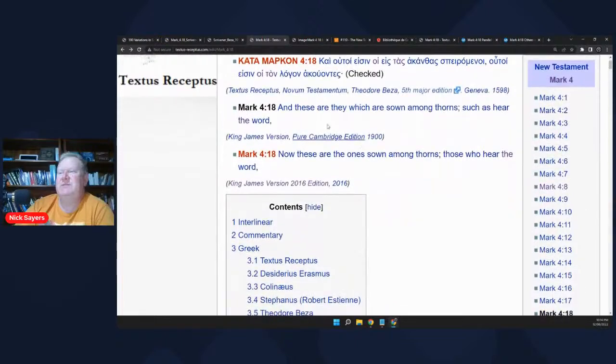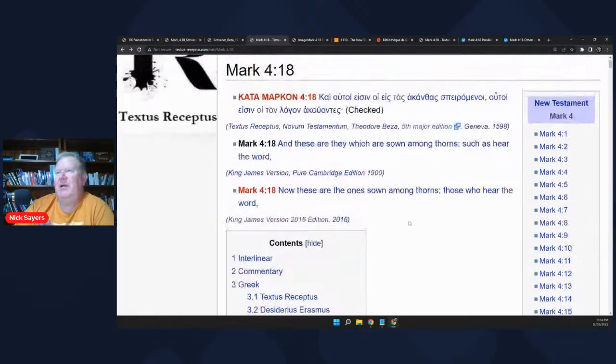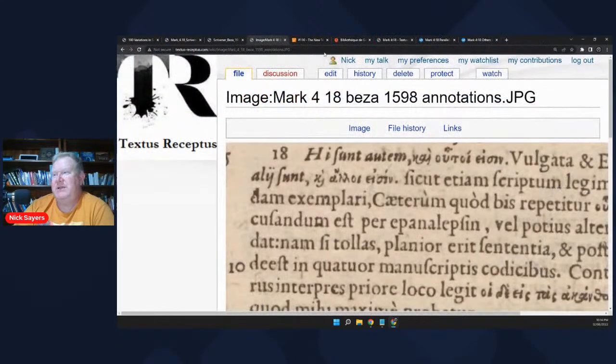In the King James it translates, "And these are they which are sown among thorns, such as hear the word." In my edition it has, "Now these are the ones sown among thorns, those who hear the word." So it's quite simple. I'll just close that down.